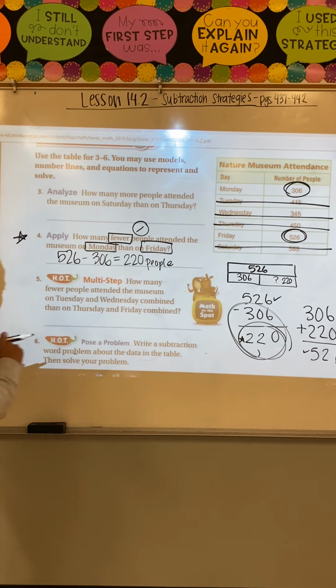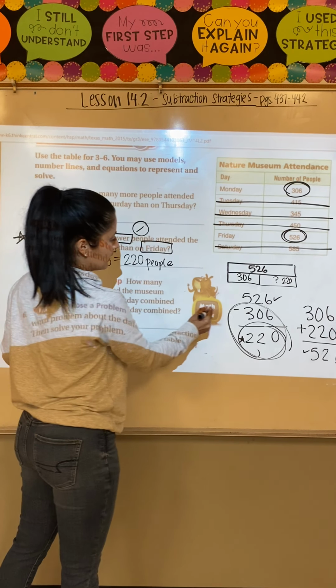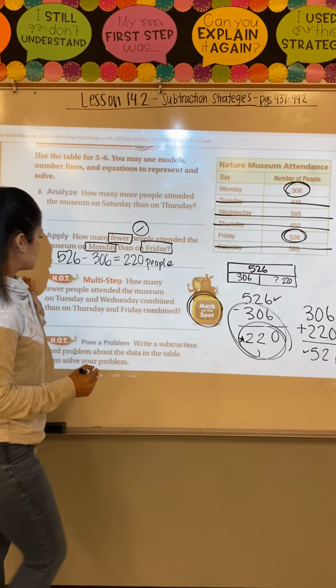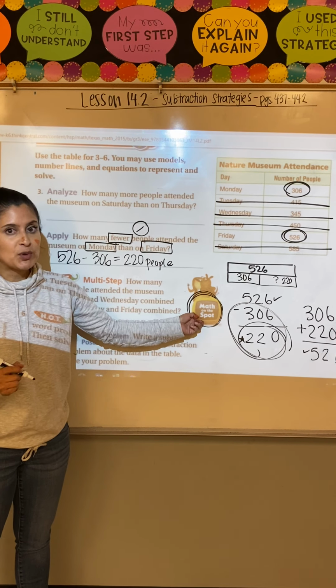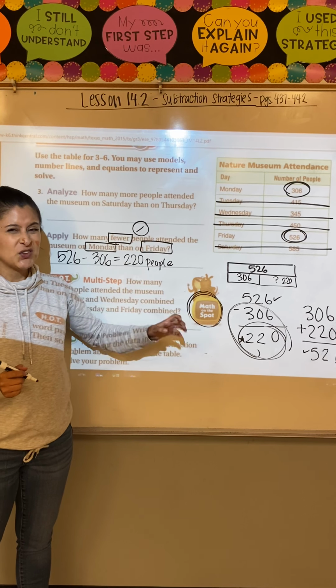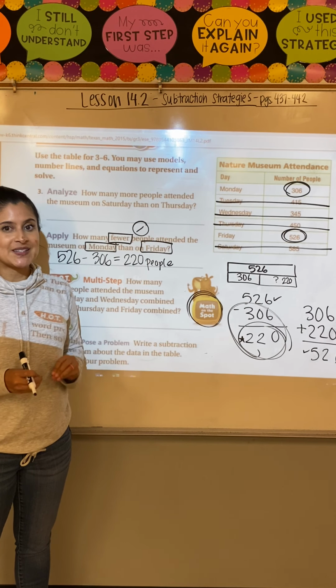Okay, a couple more together. Oh, but before I move on, remember, number 5, this hot question, multi-step. I do have a math on the spot link for you to make sure that you take a look at that. It goes step by step on it.